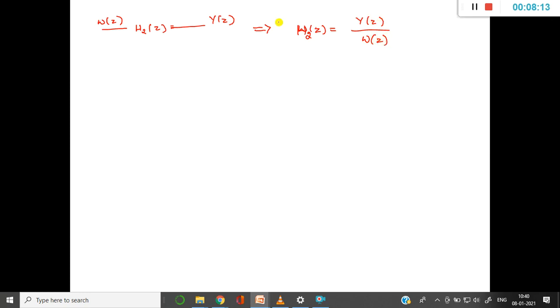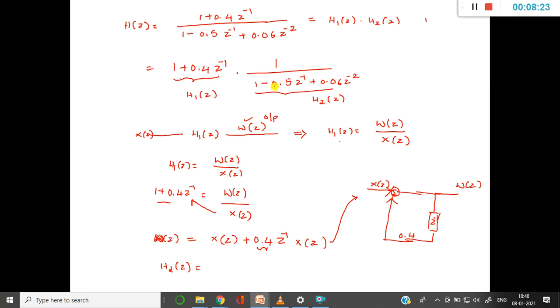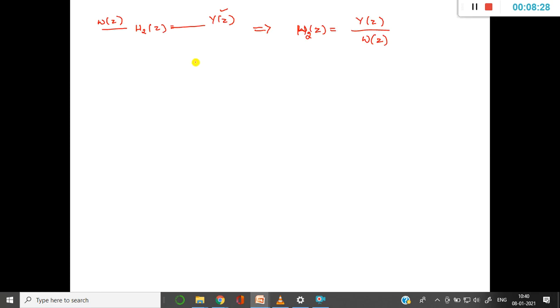What is required here is Y of z. Try to write the equation in the form of only Y of z equal to. What is H2 of z now? H2 is nothing but 1 divided by 1 minus 0.5 z inverse plus 0.06 z to the power of minus 2, and that is equal to Y of z by W of z.